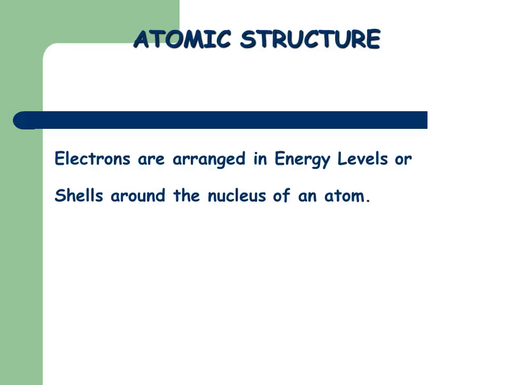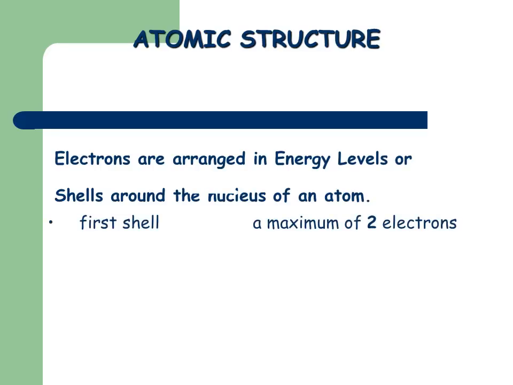Atomic structure. Electrons are arranged in energy levels or shells around the nucleus of an atom. You may have heard the term Bohr's model, or you may have even constructed one last year, the year before. You would have a nucleus in the center with the protons and neutrons in it, and then you'd have the energy shells outside of them where the electrons are.